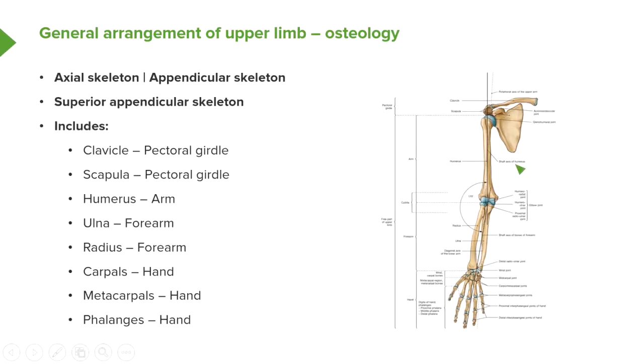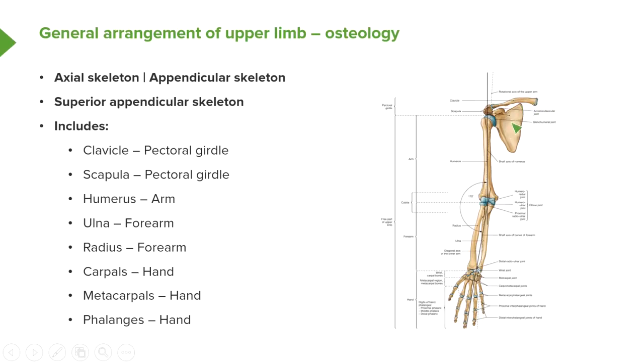So if we look at this appendicular skeleton in more detail, this is the superior appendicular skeleton, the upper limb. The lower limb would be your inferior appendicular skeleton. And we can see, I've mentioned these before, it includes a whole series of bones. We've got the clavicle, which we can see here. The clavicle, this medial end of the clavicle attaching to the sternum.